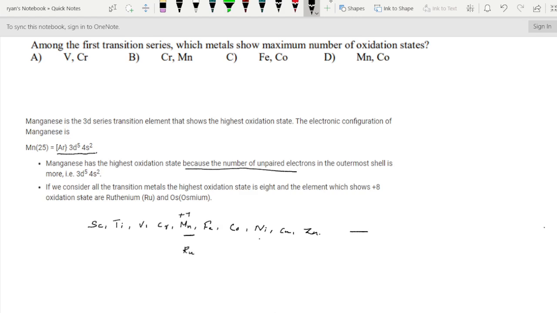In the 4d series, ruthenium shows the maximum oxidation state, plus 8. In the case of osmium also, the oxidation state is plus 8. Osmium, here we can say 5d. This is 3d, this is 4d, this is the 5d series.